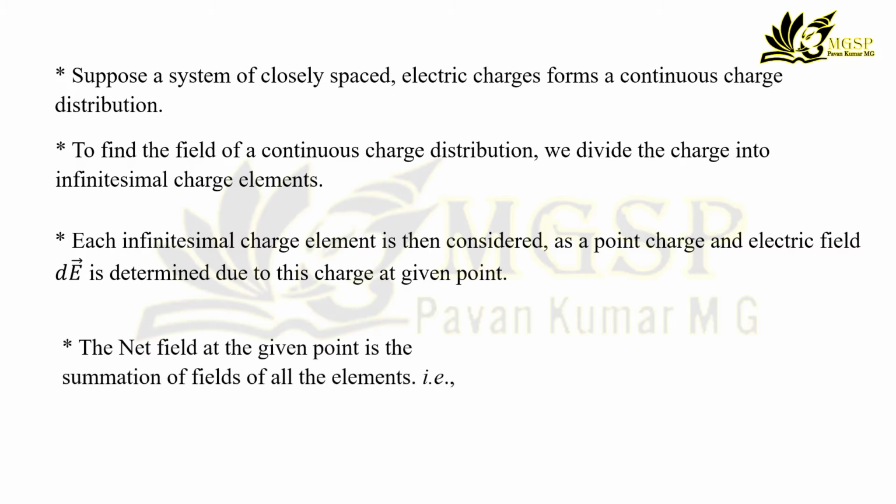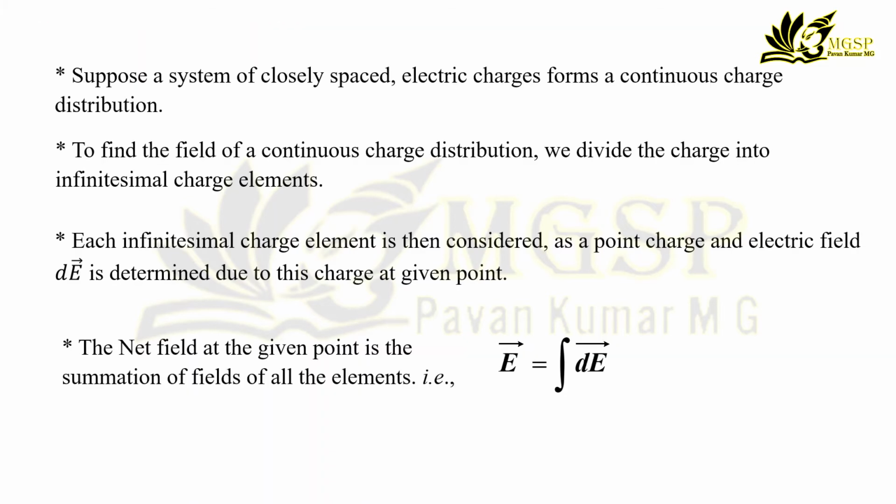The net field at a given point is the summation of all elements. That is, to find the total field, we have to do the integration. It is very simple. That is the integral form. So we will get the total electric field due to all the charges.